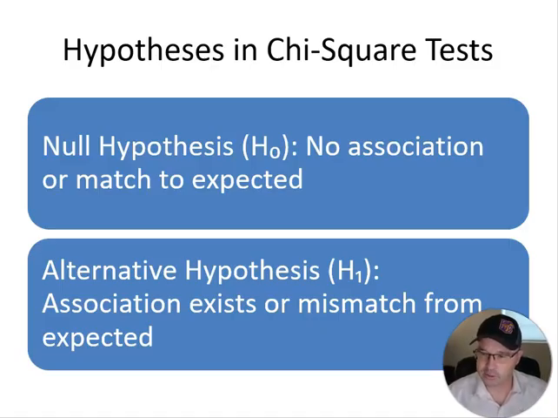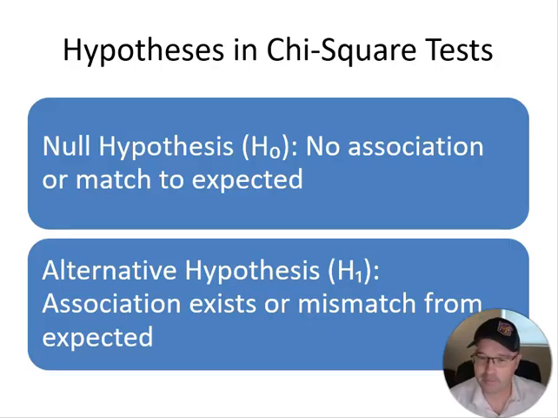In this case, we're just going to word that in a way that works with the two chi-squared tests. So there's no association between the two populations, or there's no match in the populations for the two types of chi-square test.